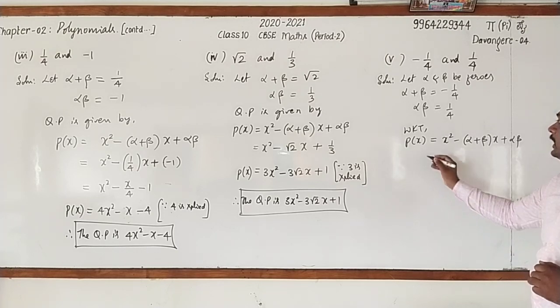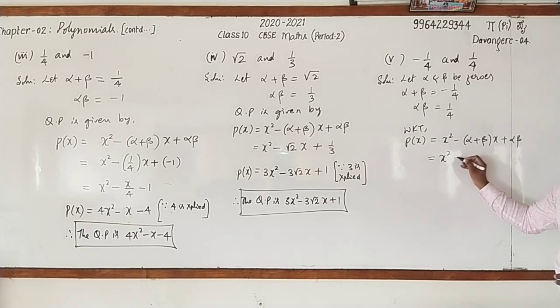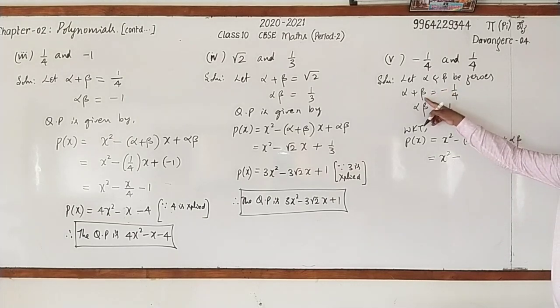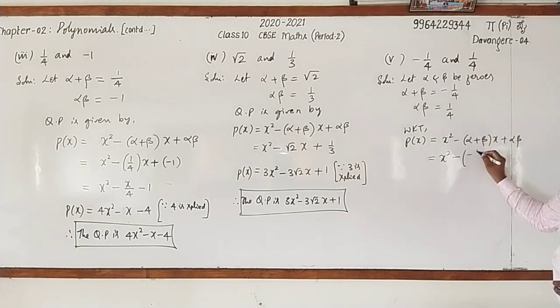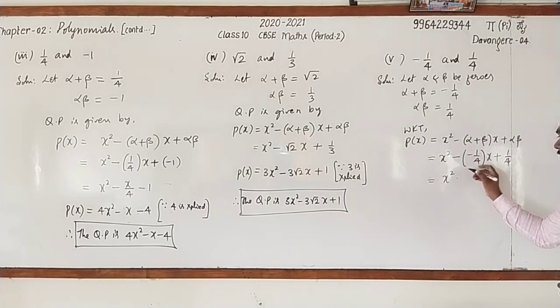Now this is equal to x square minus, what is alpha plus beta? Minus 1 by 4, plus alpha into beta, it is 1 by 4. It is equal to x square minus into minus, plus 1 into x by 4 plus 1 by 4.